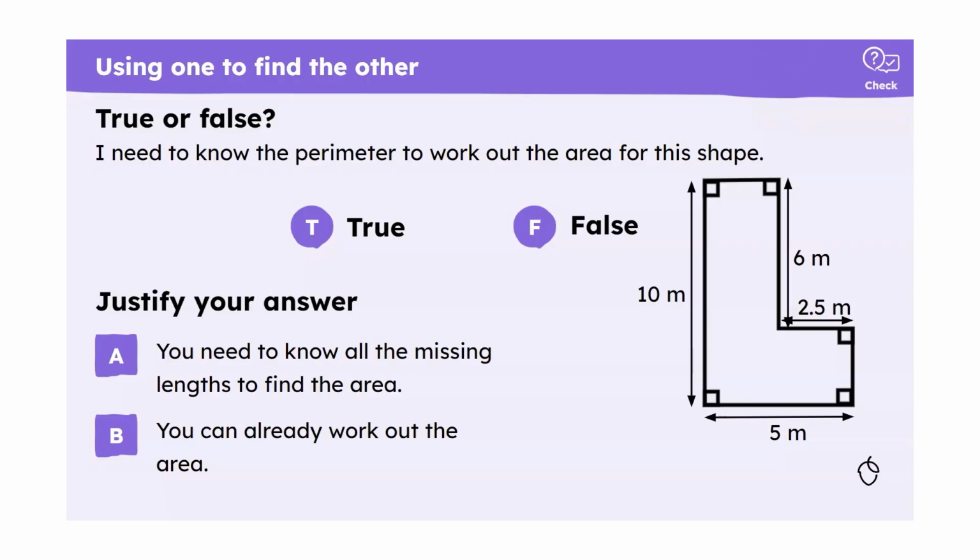Or is it false? In other words, you can already work out the area of this shape based on the information in the diagram and what you can deduce. So is this true or false? And which of the justifications supports your answer, A or B? Pause the video while you work this out now.